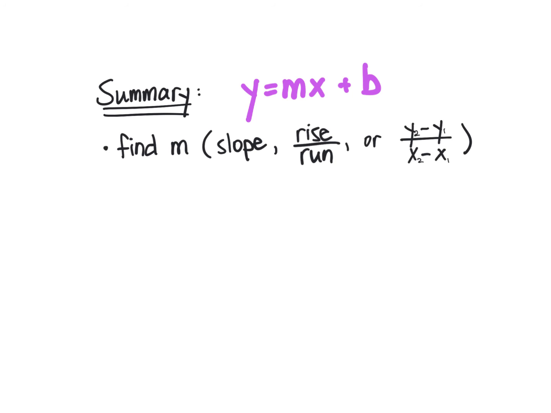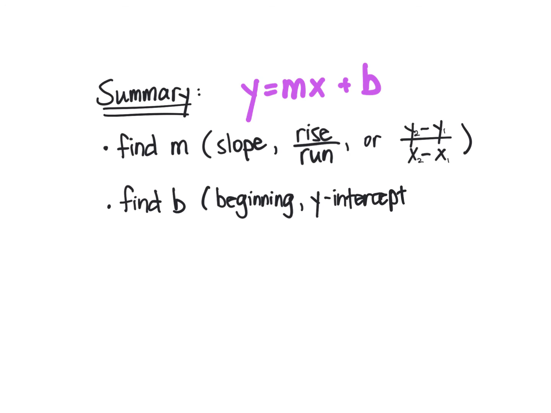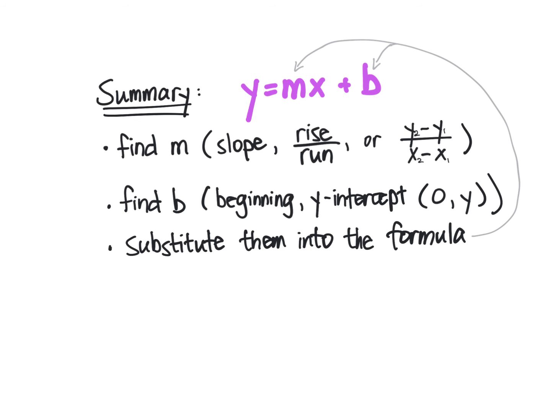And then you're going to have to find b. B, remember, is the beginning of the story. We also call it the y-intercept. That's when x is 0 and whatever the y number is that matches that 0, all right? So if you find those two things, you'll be able to find the function of the example that you're looking at, and you'll be able to solve the problem.